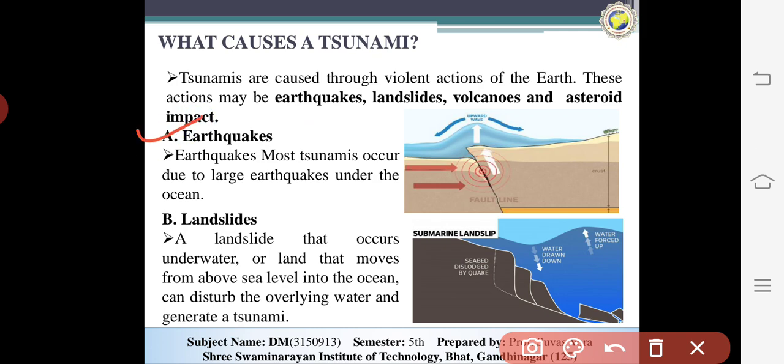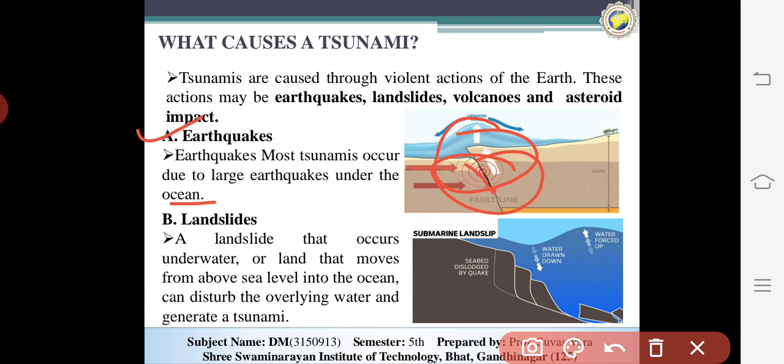Earthquake: most tsunamis occur due to large earthquakes under the oceans. You can see here, if the epicenter of the earthquake is in the ocean, at that time it will generate a tsunami. Earthquakes occur when slabs of rock are forced to move past each other.